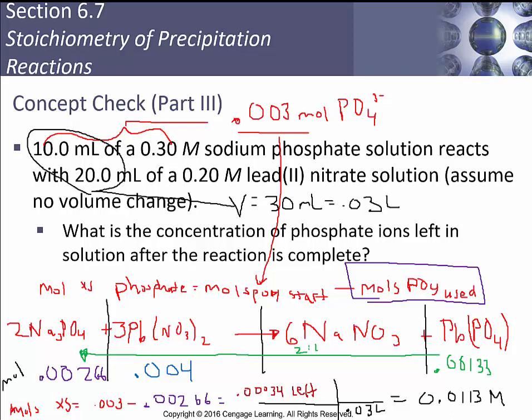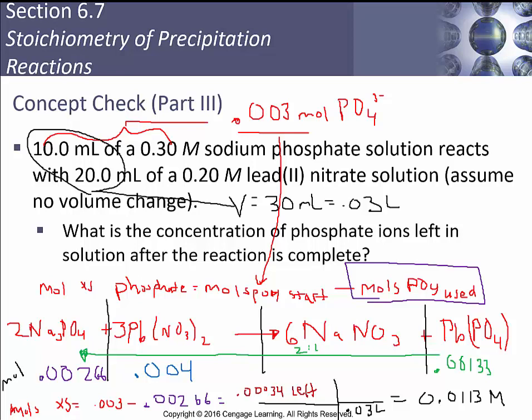All right, so see how we did this. We're using our balanced chemical equation as a way to get at the stoichiometry and the mole-to-mole ratio between our reactants and our products. Sometimes we're going from products back into reactants like we did here. We're almost always going to go from reactants to figure out what is our limiting reactant.